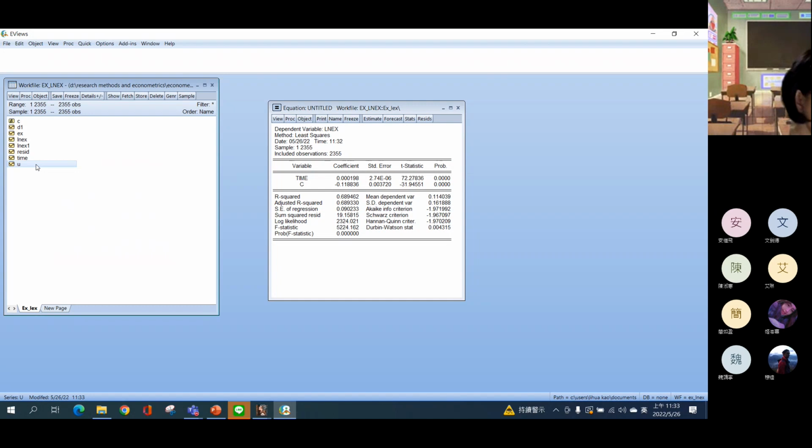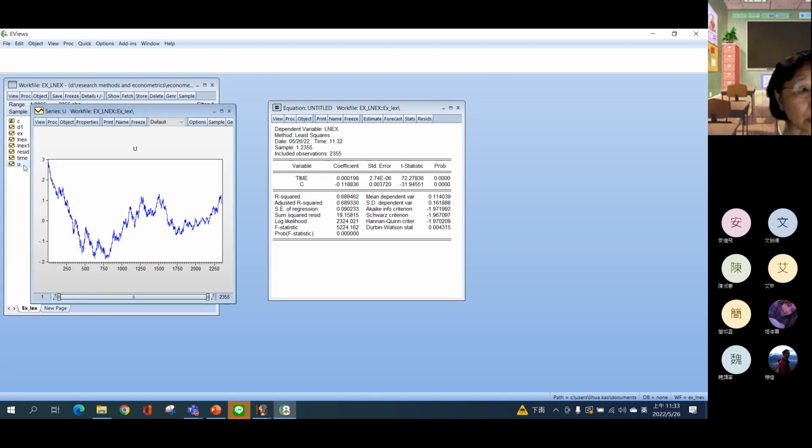Then I'm using the new variable, which is U. And I can see the diagram of U still. Look at this one. It seems that I still have trend.